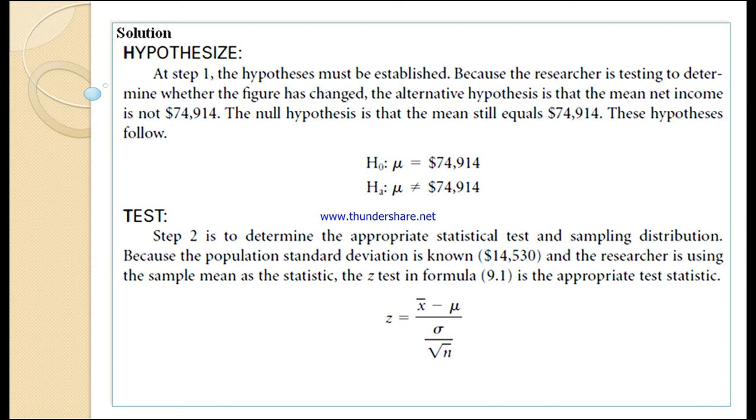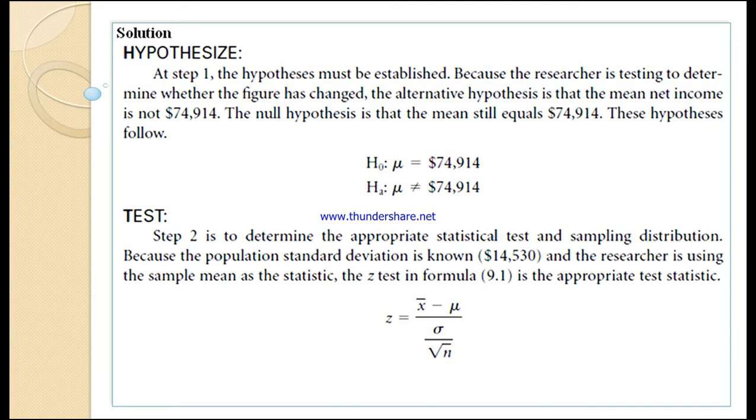On the other hand, the null hypothesis is that the mean still equals $74,914. And then the formula we can state as H naught or H0: mu is equal to $74,914, and H sub A or HA: mu is not equal to $74,914.